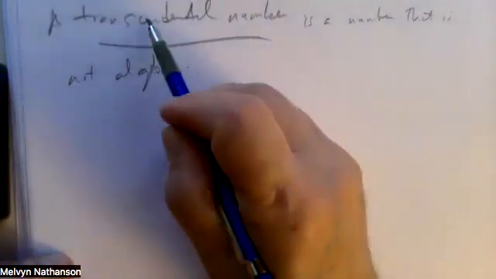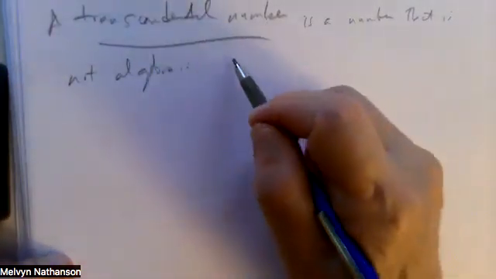And a transcendental number is a number that transcends algebra, is simply a number that is not algebraic. And to prove a number is transcendental is always very difficult.